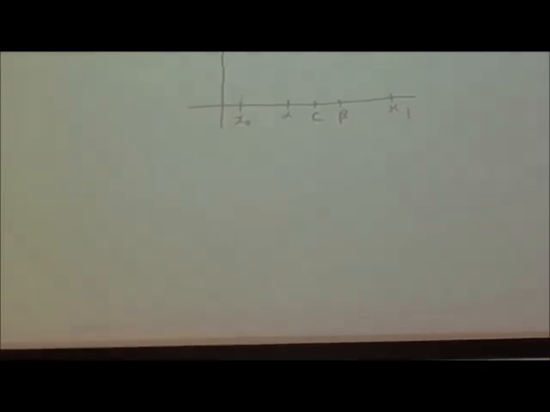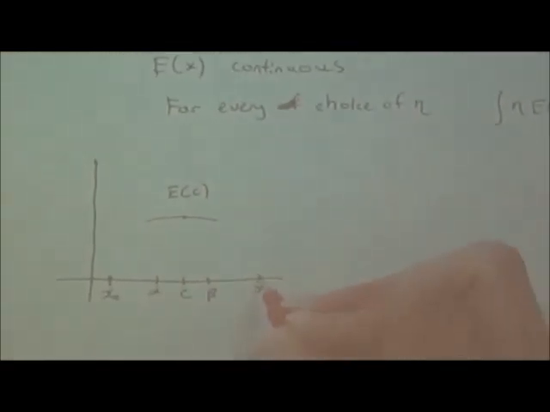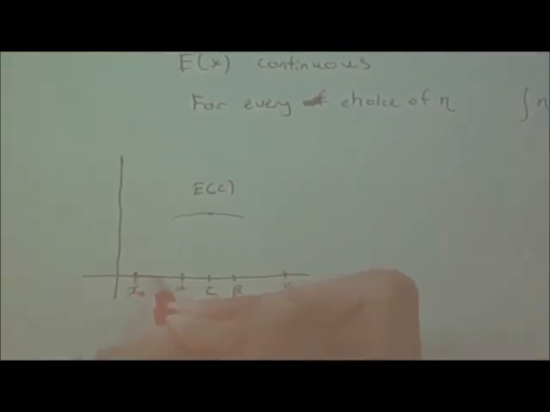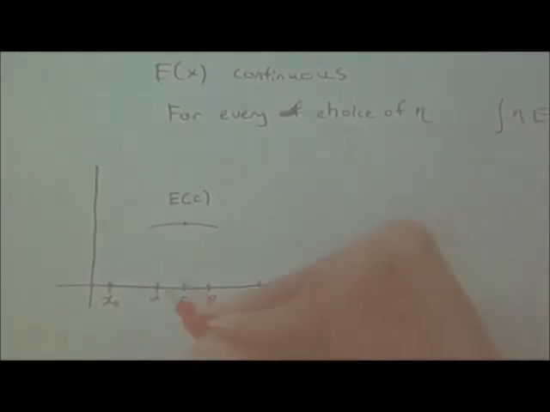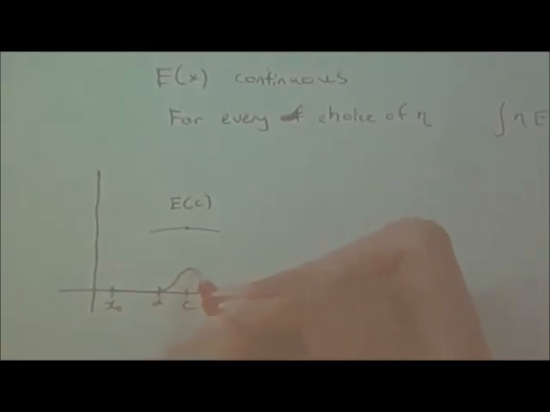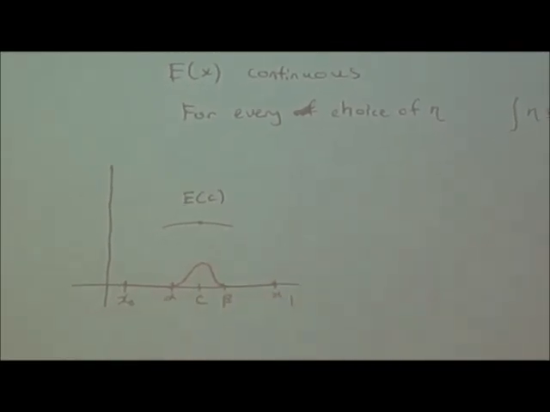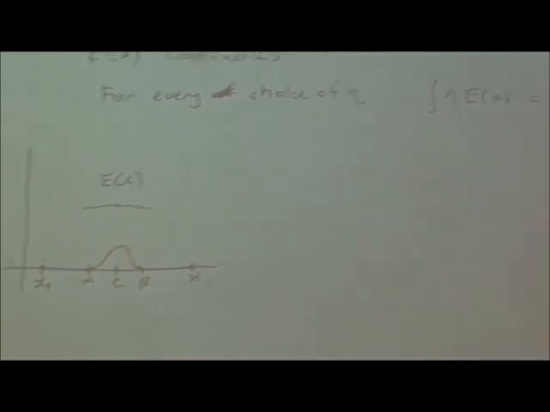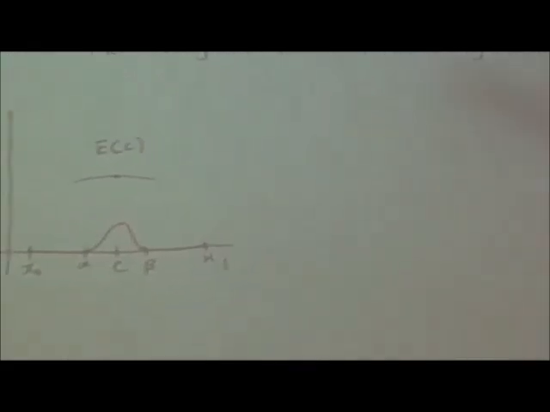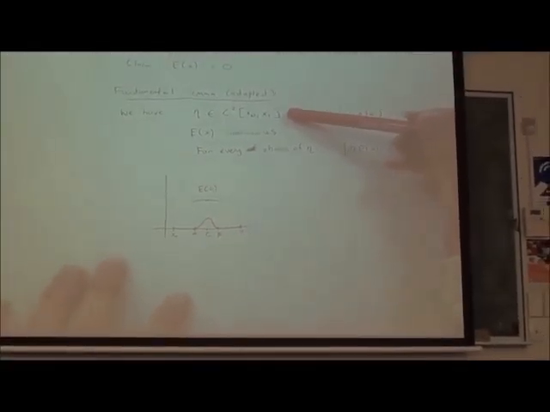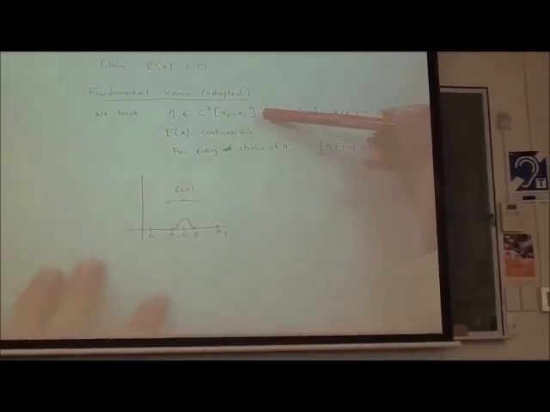Now, since we can pick eta, and eta has endpoints of 0 at x0 and x1, why don't we pick eta to be 0 from x0 to alpha, 0 from beta to x1, and positive on the interior of this interval alpha beta. Whether we can actually pick an eta satisfying this condition is not a problem. We can always find one.